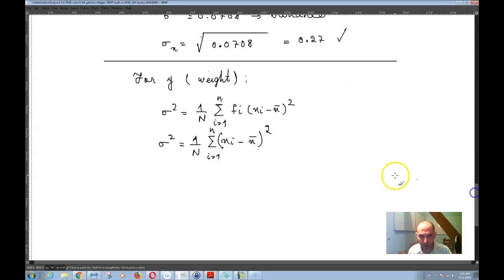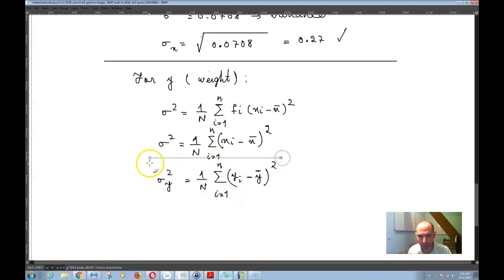And since my variable is y in this case, I write this as sigma of y squared is equal to 1 over n sigma of y of i minus y bar whole squared as i goes from 1 to n. That's the formula that I'm going to use.